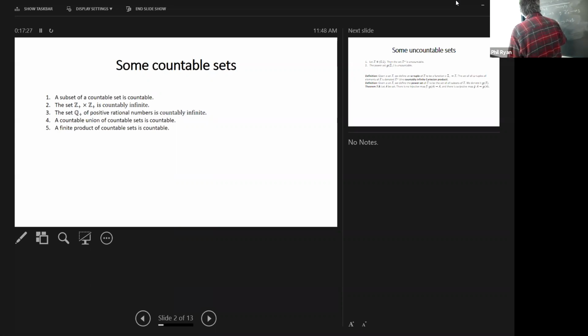H of (i, j) equals F of i, G of j. Okay. That's basically surjective by construction.